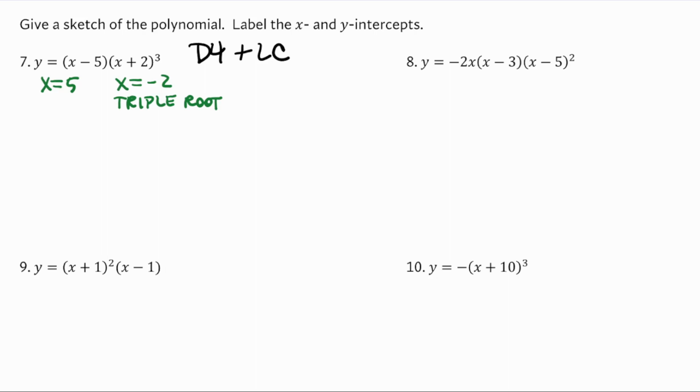And I'm going to label my axis. Oh wait, so because it's an even degree with a positive leading coefficient, it's going to look like y equals x squared. And let's say -2 and +5.